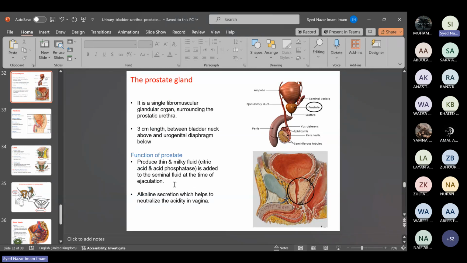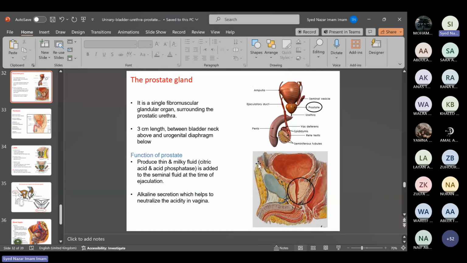The prostate secretes the seminal fluid, and it combines with the sperm which is coming from the vas. Now you can see here, these are the testicles, and they produce the sperm, which passes through the vas deferens, and finally it mixes with the seminal vesicle secretion and enters the prostatic part of the urethra.